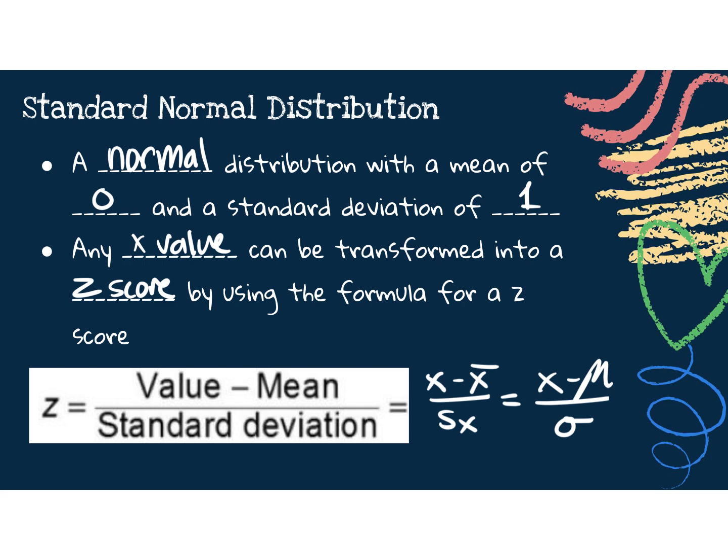Any x value can be transformed into a z-score by using the formula for a z-score. Our formula is value minus mean over standard deviation. That's x minus x bar over s_x, or x minus mu over sigma.